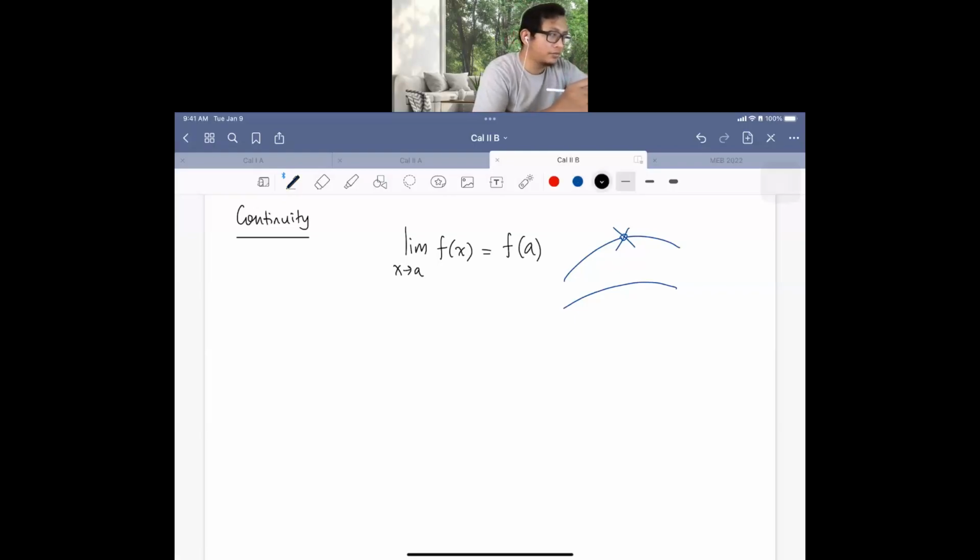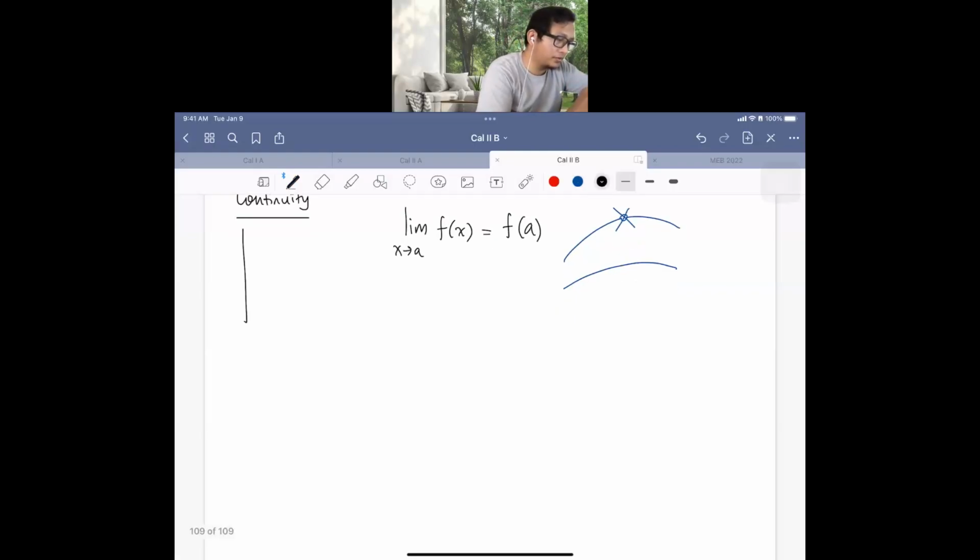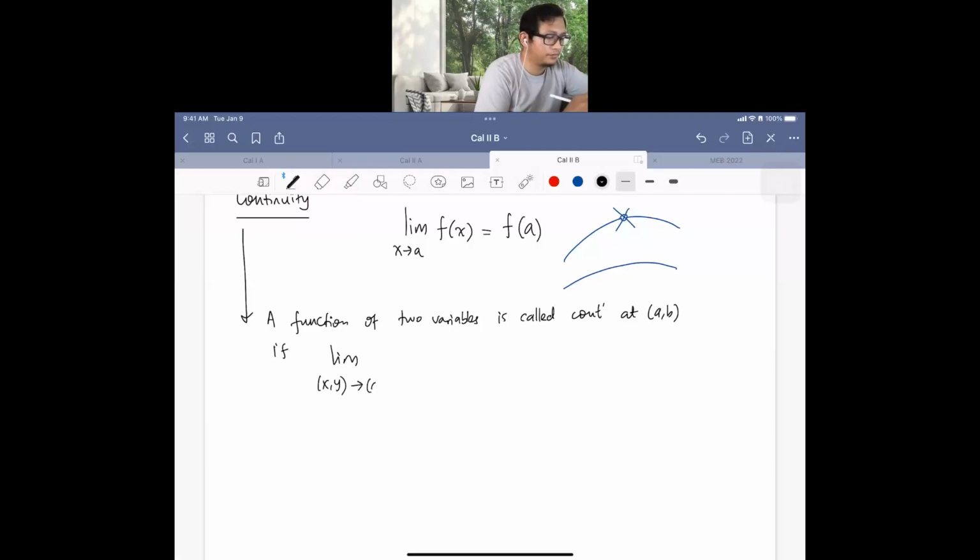So a function of two variables is called continuous at (a, b) if the limit is perfectly the same. This is similar.